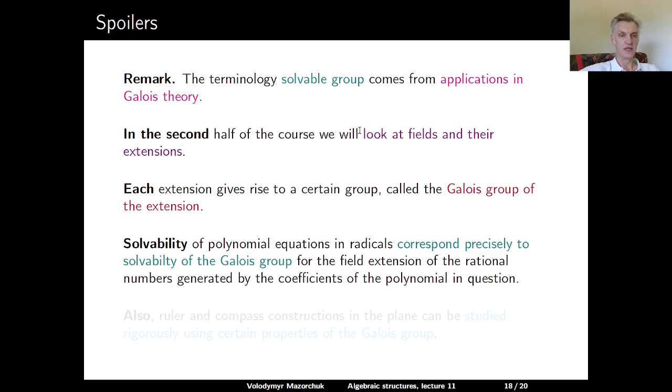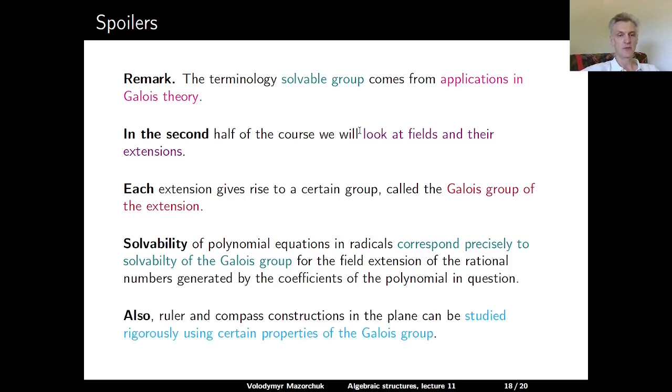And then the solvability of polynomial equations in radicals turns out to correspond precisely to the solvability of the Galois group of the field extension, where we start from the rational numbers and add to it the coefficients of the polynomial which we consider.